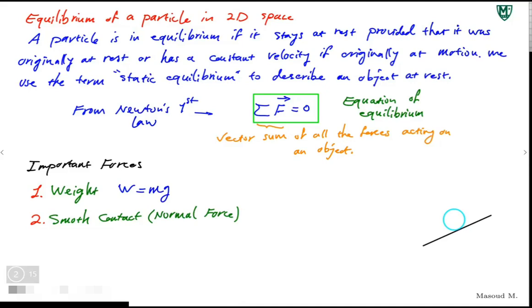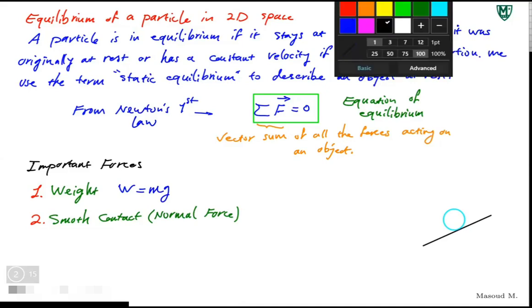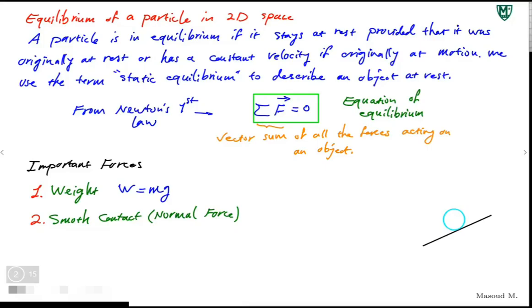Now, going to forces, gravity or weight is always downward. Let's use a different color for forces. This is the force downward. Gravity or weight is always downward. So that's W.